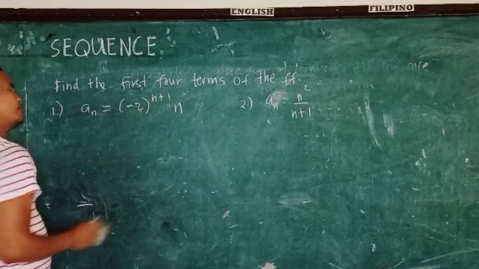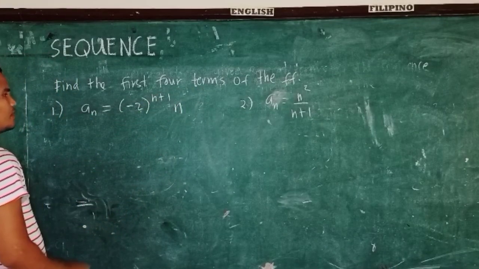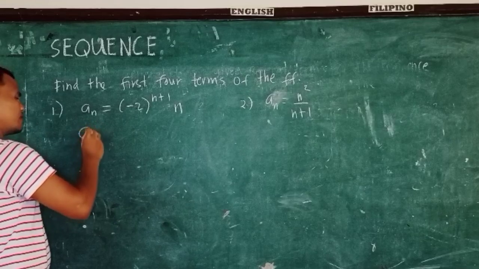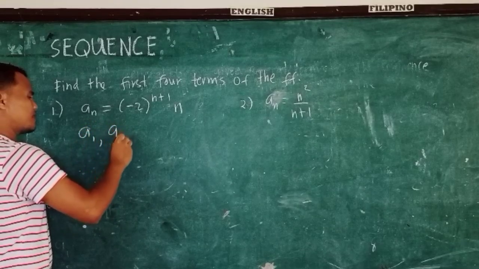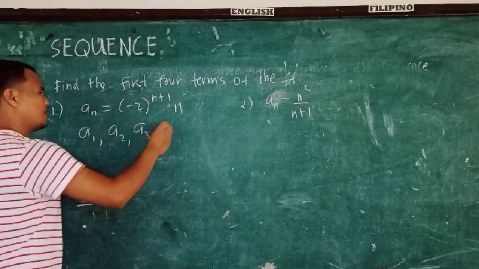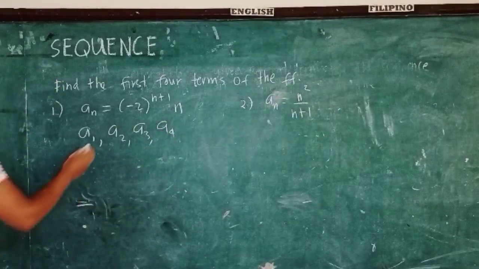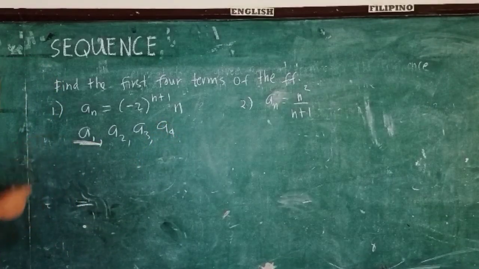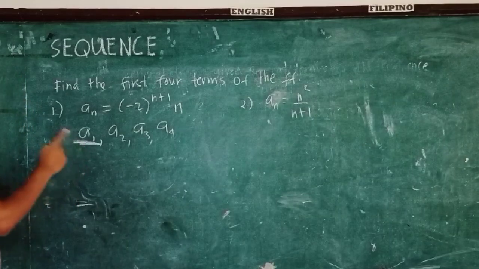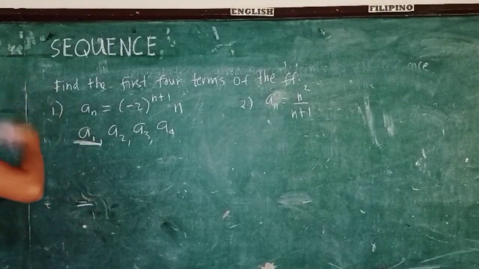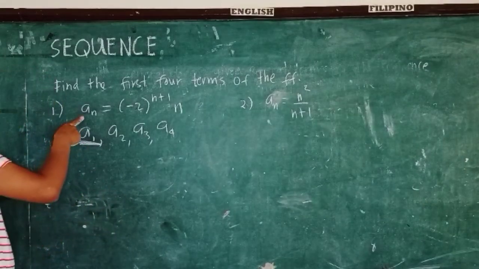Since we are finding the first 4 terms, we are going to find the first term, the second term, the third term, and the fourth term. If we find the first term, as I said earlier, it implies that n equals 1. So substitute the value of n in our nth term.